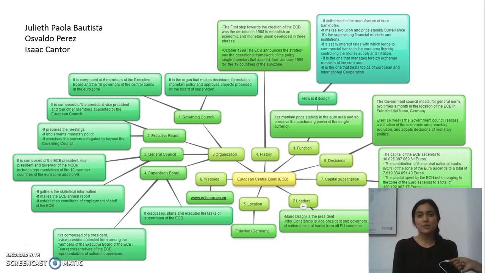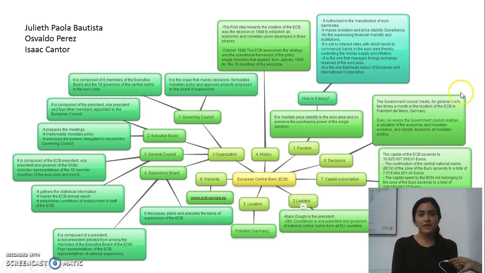It sets the interest rates at which it lends to commercial banks in the euro area, thereby controlling the money supply and inflation. It manages the foreign exchange reserves of the euro area. It deals with topics of European and international cooperation.